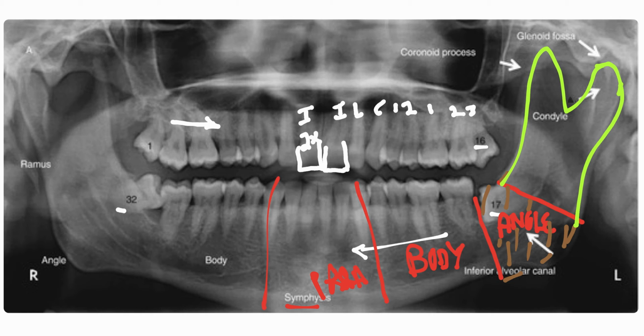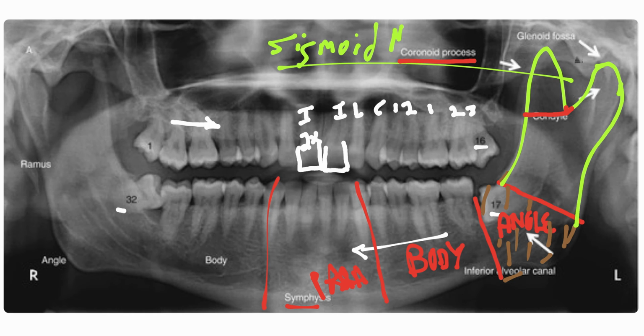This portion of the mandible here, this notch, is called the sigmoid notch. It is helpful in that it defines, if you draw a line from the trough of the sigmoid notch anteriorly, the coronoid process.